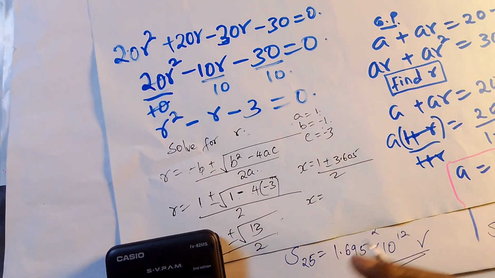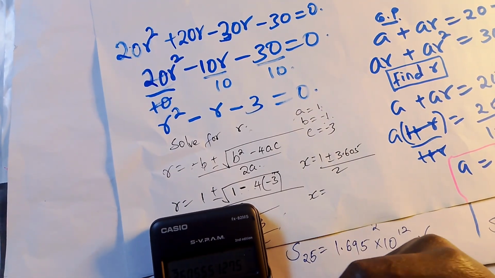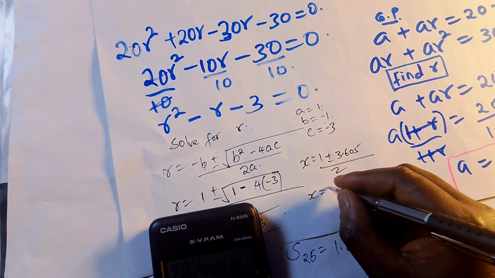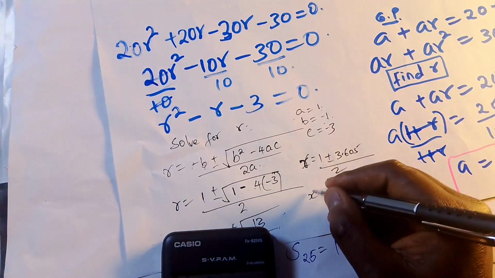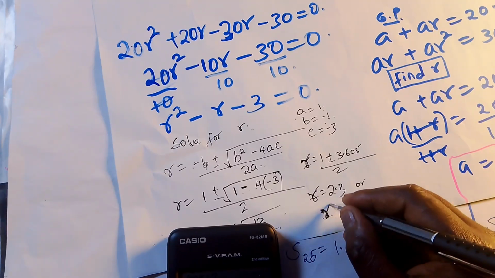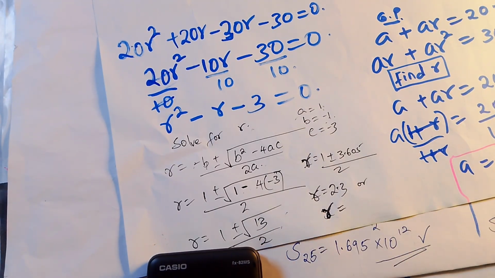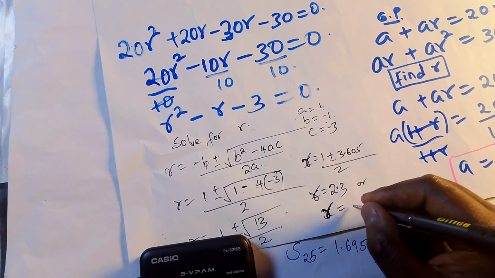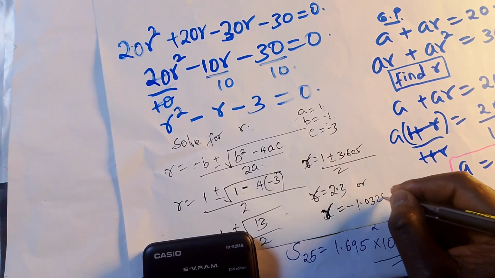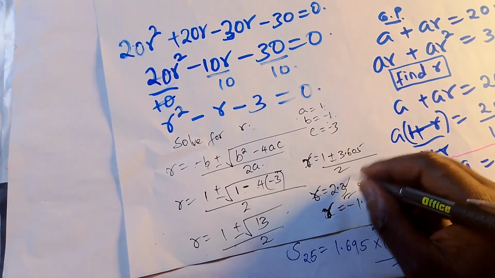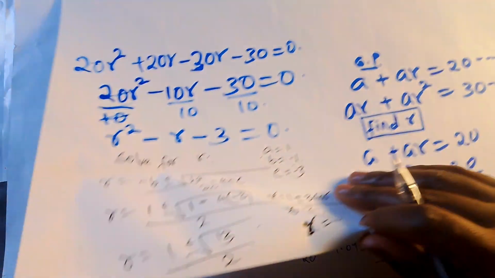If we add that to 1 and divide by 2, we get the first r as 2.3, and the second r will be 1 minus 3.605 divided by 2, which is -1.3. So our r will be equal to 2.3, since the progression is increasing. And that is how we go about that question.